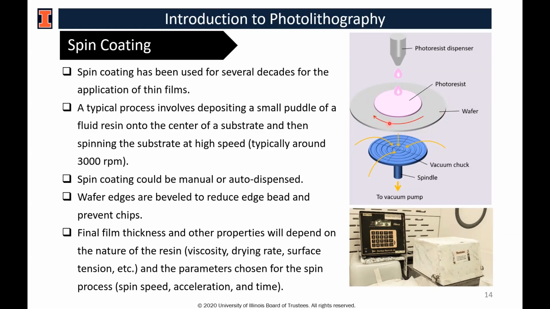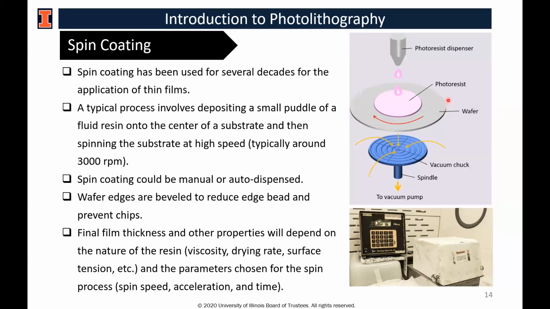You can see the wafer is spinning here. It's vacuum sucked by the vacuum chuck here, which is connected to a spinning spindle. So once the photoresist is applied to the spinning wafer, it can be uniformly distributed along the diameter of the spinning wafer to create a very thin and uniform film.